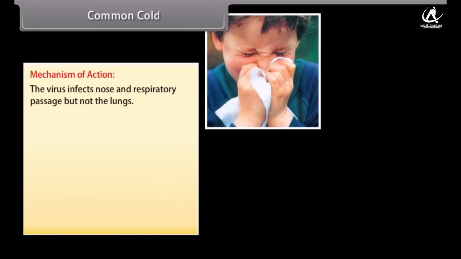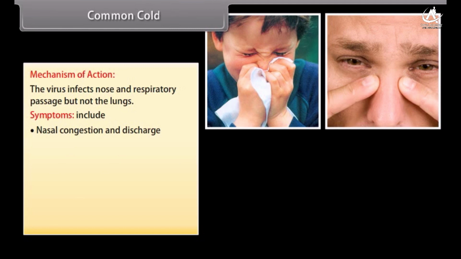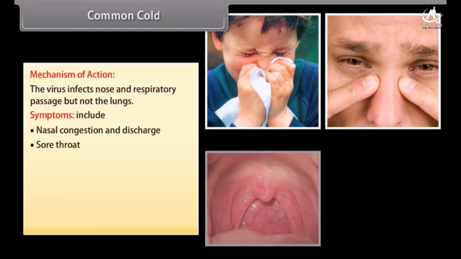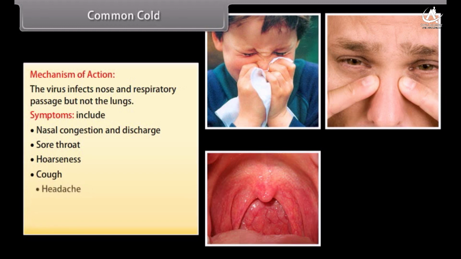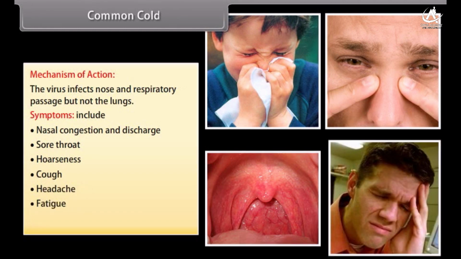The virus infects the nose and respiratory passage but not the lungs. Symptoms include nasal congestion and discharge, sore throat, hoarseness, cough, headache, fatigue. The symptoms usually last for 3 to 7 days.